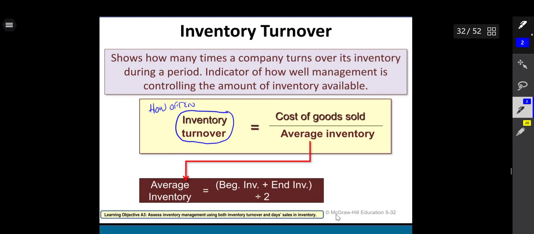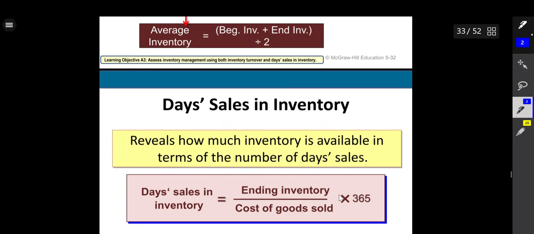Ideally, if you're in a retail business, you would like to be selling your inventory out each month, or turning it over each month. Depends on what kind of business you're in. So what you're going to do is take the cost of goods sold divided by average inventory, which is the beginning inventory plus ending inventory divided by 2. This will tell you how long it takes you to sell your inventory.